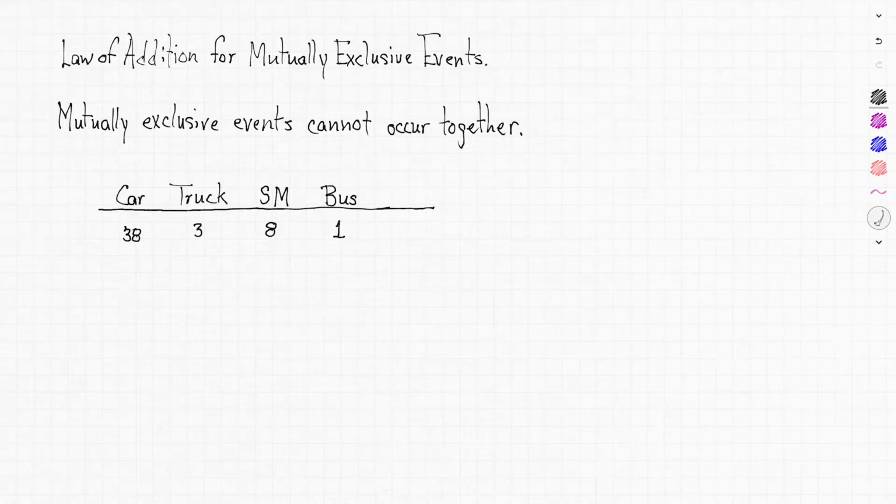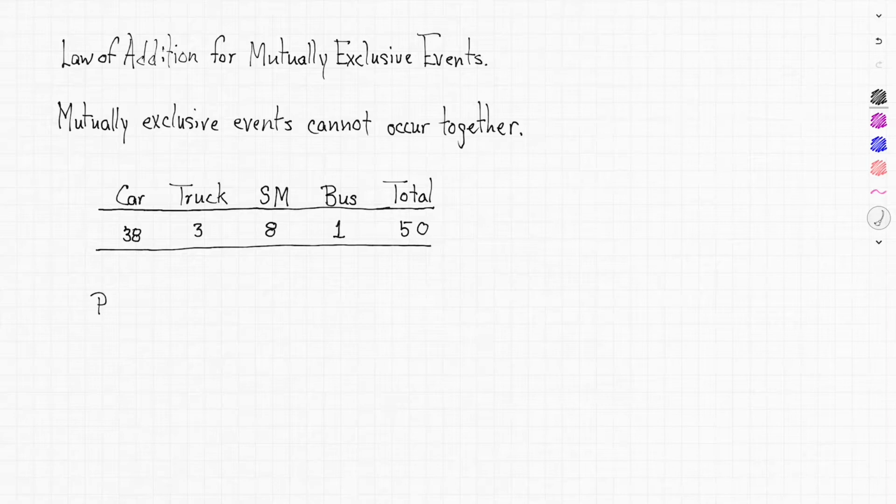Now let's total this. Let's add one more column here. There's 38 plus 3 is 41 plus 8 is 49, one more, so there's 50 students. Now, we can find some probabilities. I'm going to use C for car, T for truck, S for SUV.